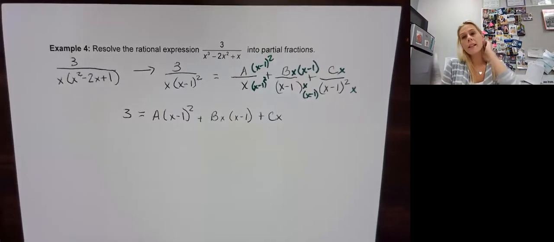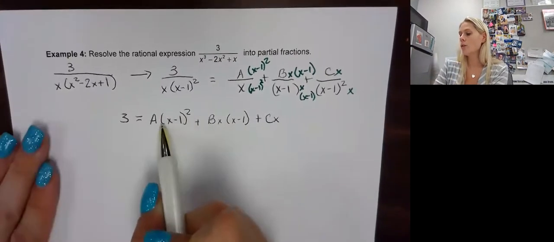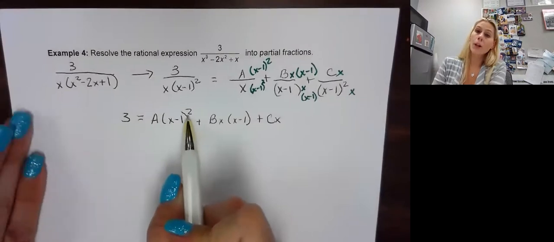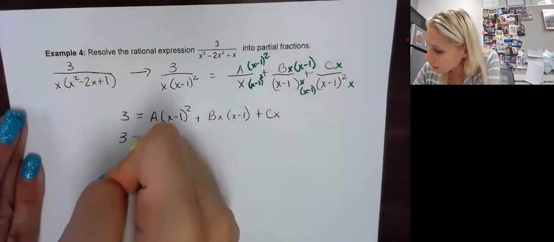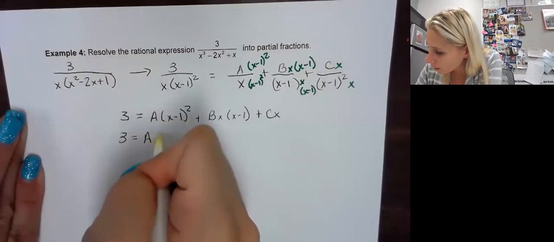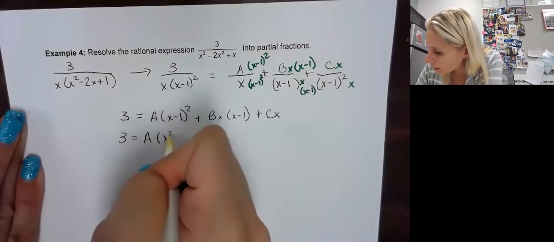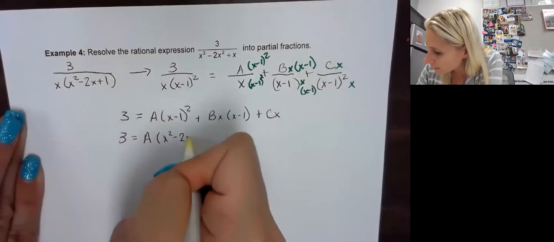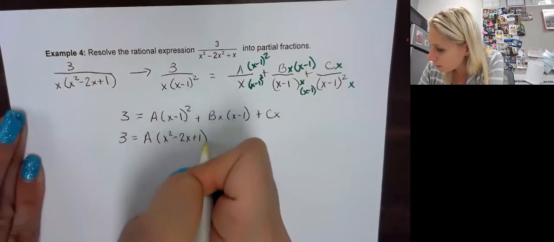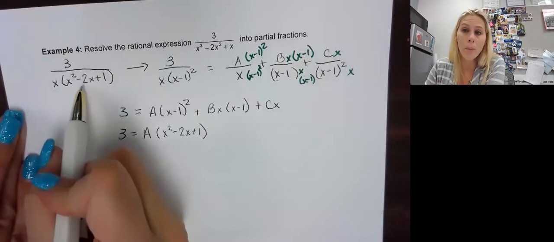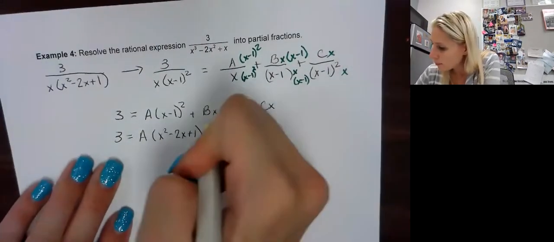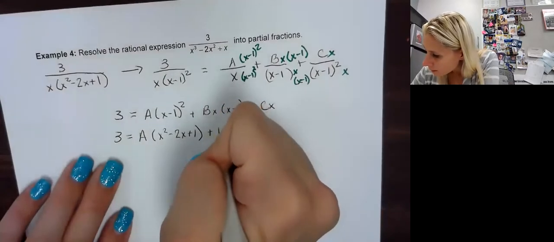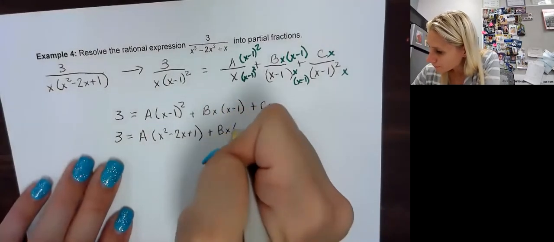So unfortunately, in this case, we do have to multiply this out first before we multiply by a. So 3 equals a, now we have x squared minus 2x plus 1. Okay, I know that by going back here. You can do your box method, you can do your FOIL, whatever you need, but that is where I got it from.